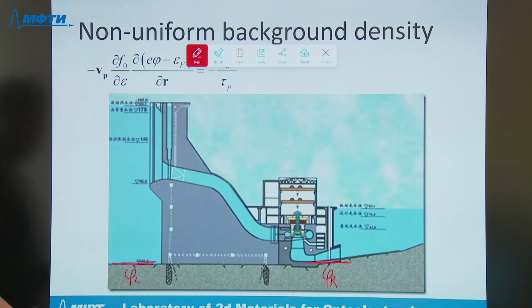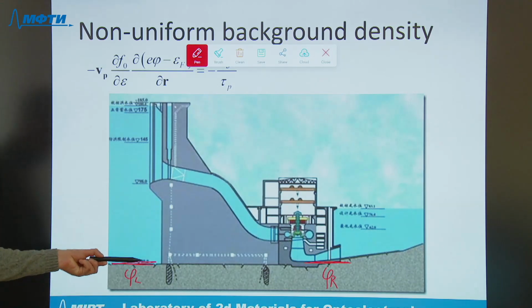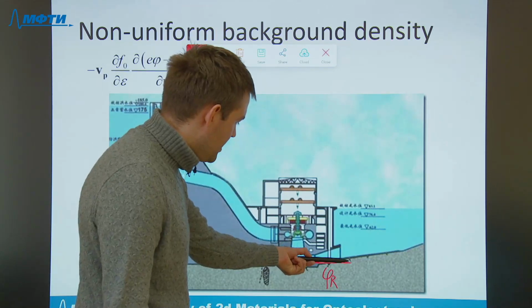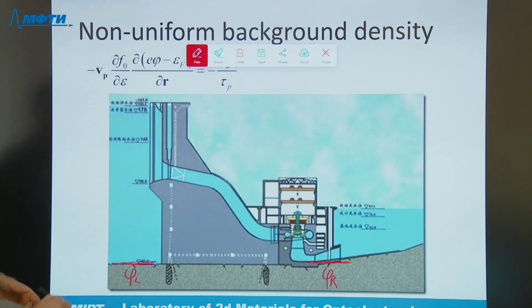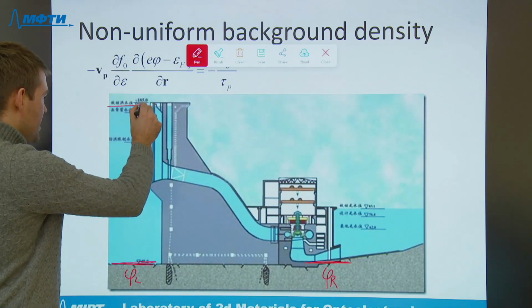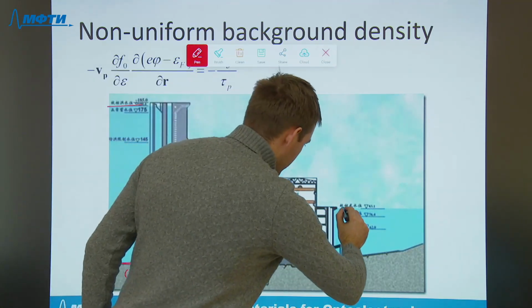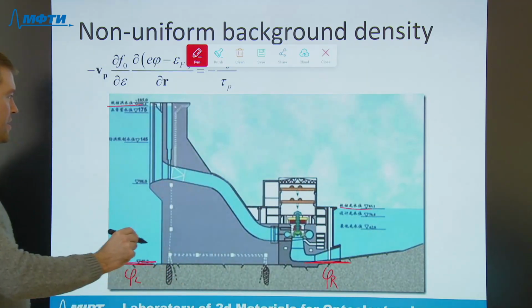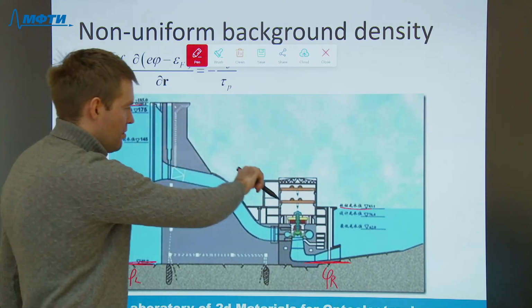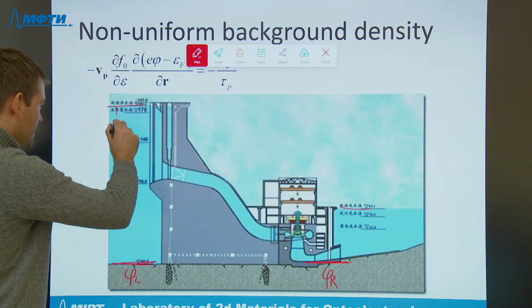In terms of mechanics, the heights of the bottom are equivalent here, so the potential energies are equivalent, but the heights of the water are different, so there is a general water flux from the left to the right.